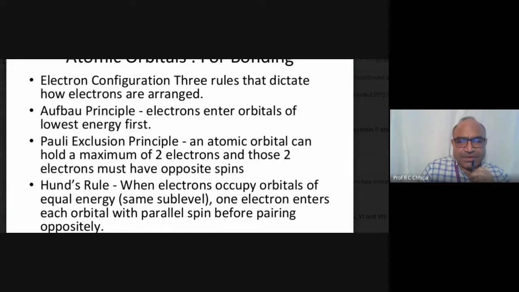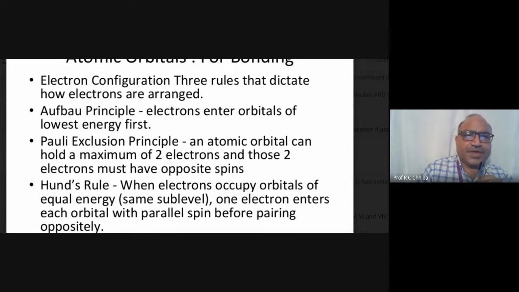Now Hund's rule: when electrons occupy orbitals of equal energy, one electron enters each orbital with parallel spin. This is also a very good question.